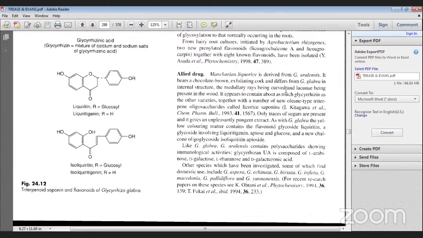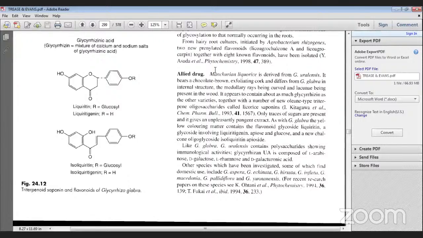Another point is that Indian licorice root contains a coumarin derivative and a methyl isoflavone. Next are the allied drugs.